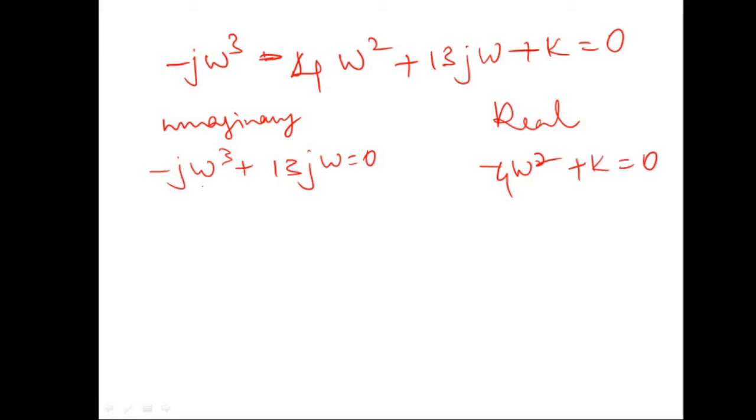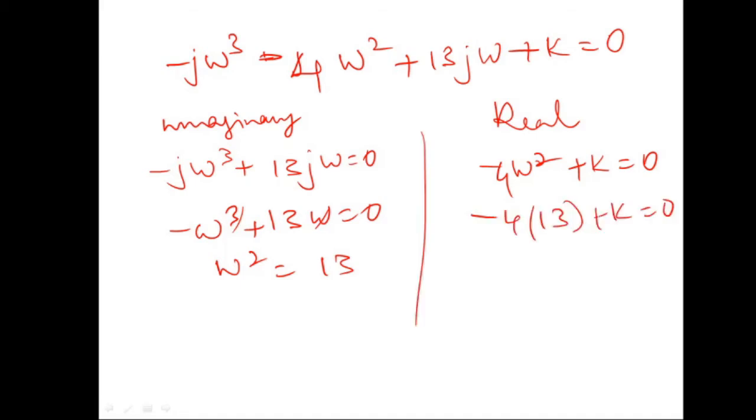From the imaginary part, take out one omega and write the expression for omega square: omega square is 13. Substituting into the real part, k equals 4 into 13, that is 52.